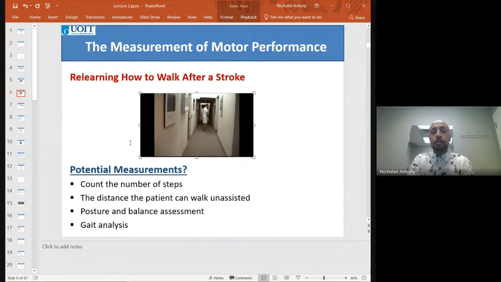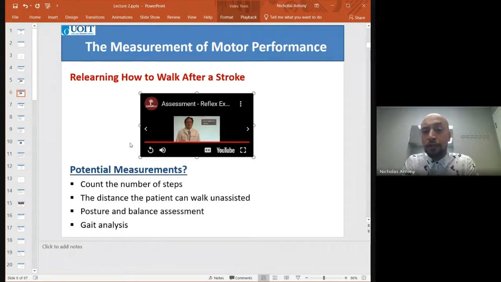So what do you guys think of ways that you could measure this guy's performance in walking? Because if you're going to evaluate if he's getting better, you need a measurement to be able to say, okay, this measurement is increasing. What did you notice about his walking?